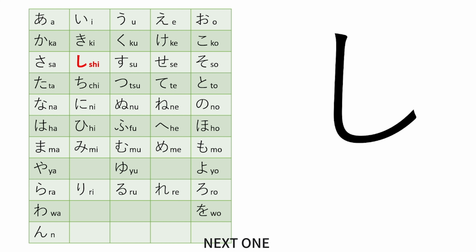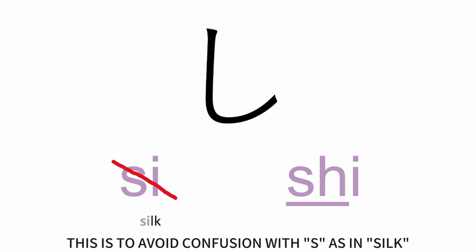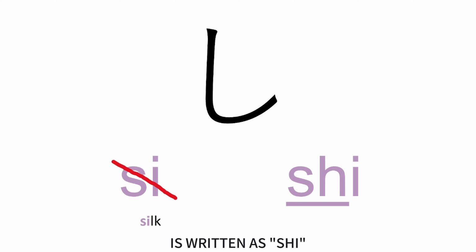Next one, shi. You may notice that its romaji is not si but shi. This is to avoid confusion with s as in silk. To better represent the pronunciation, it's written as shi, shi.